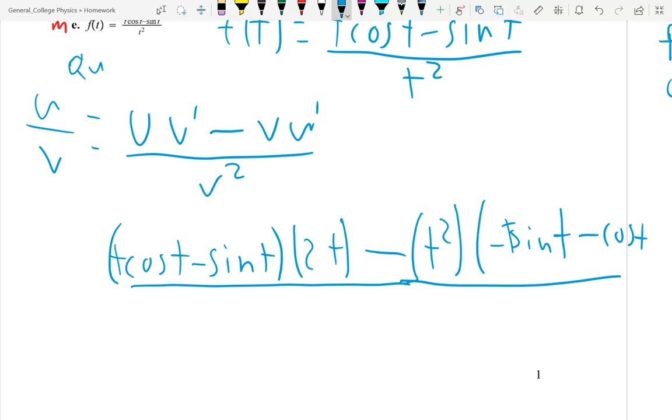Okay. And then we have to have the derivative of the first times the second, so we have a plus cosine t. Well, that minus cosine t was correct. That was the derivative of minus sine t.